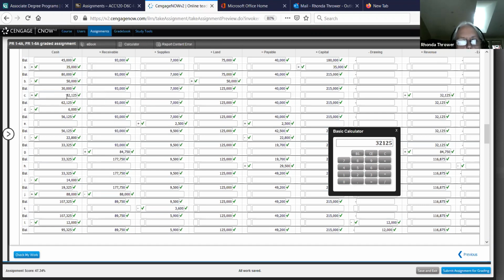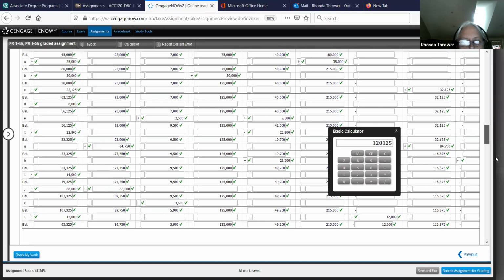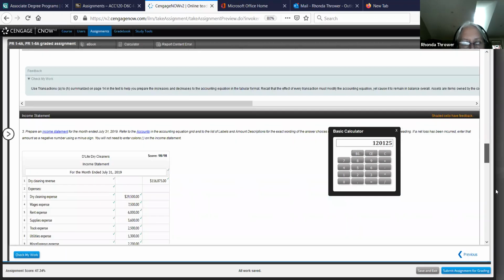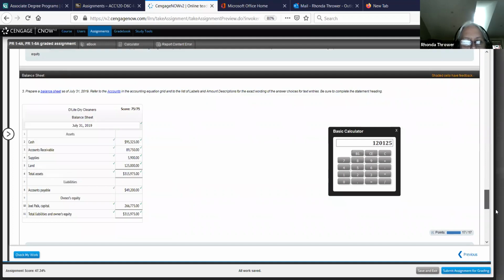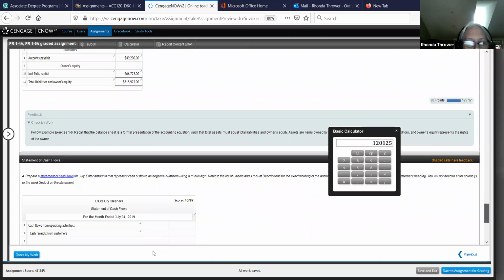This is money that we would receive from our customers. That would be combined with this 88,000 to get a total amount of 120,125. So in our statement of cash flows, the total amount of our cash that we've received from customers is 120,125.